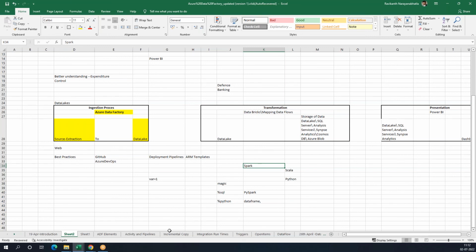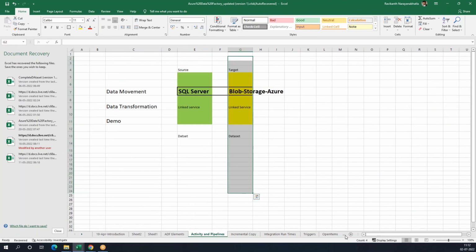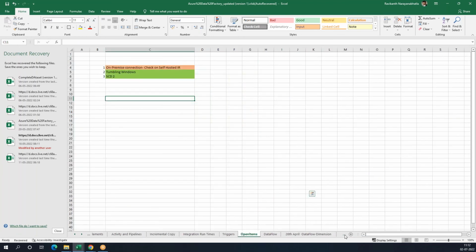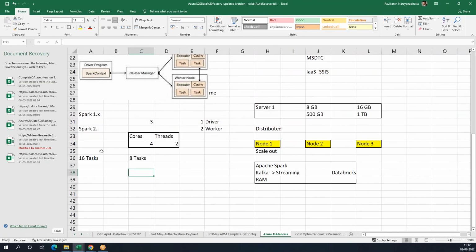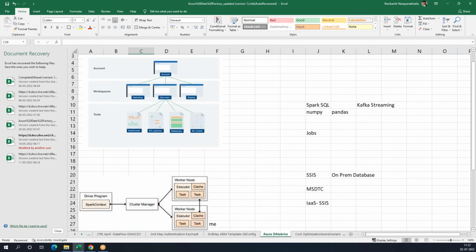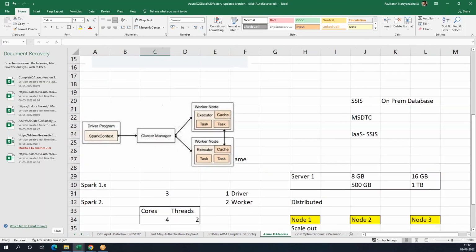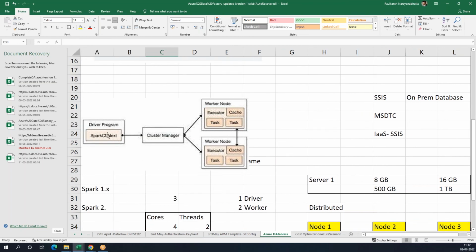Let me also give a very quick overview here. So this is the Spark context. We'll try to create a Spark context here.